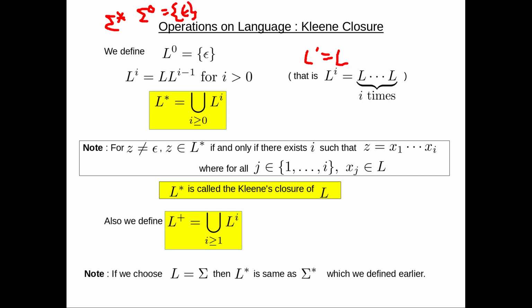So we use the same convention here, and L to the I is this, and then L star is again the union of all the L to the I. This is very similar to how we defined sigma star. And similarly, L plus is defined as the union of all this L to the I, where I starts from 1 instead of 0. Okay.